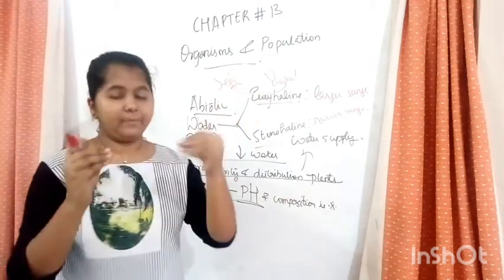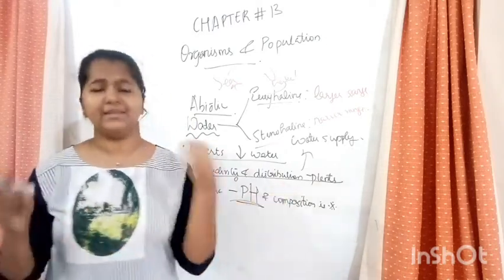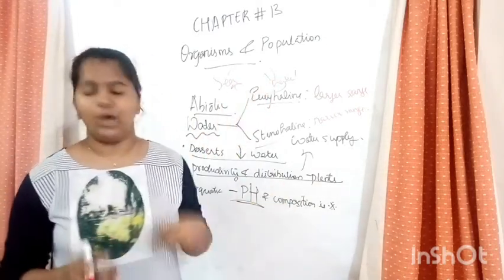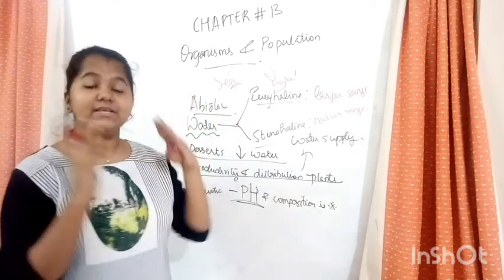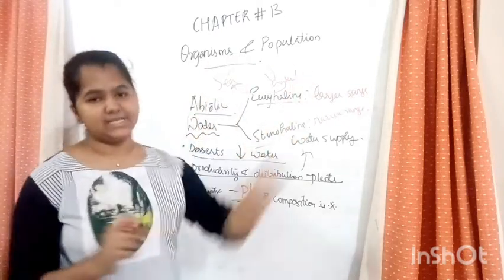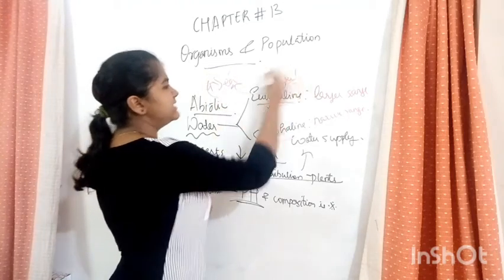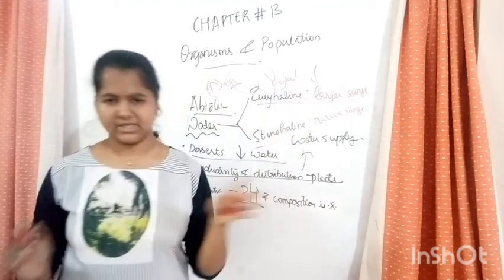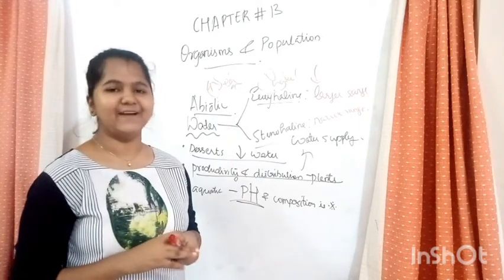If you keep it for 2-3 minutes or maybe half an hour, it might not die, but if you keep it for so long, it cannot survive, because the adaptations of each organism are different, and the osmotic conditions are different in the sea and in the lake. The sea is more saline and the lake is less saline or not saline. So that is about the second factor, water.